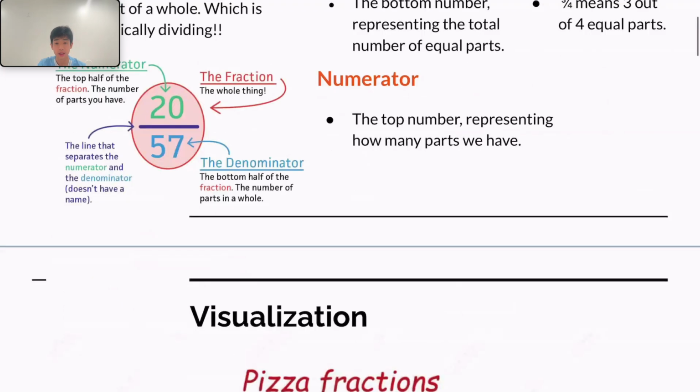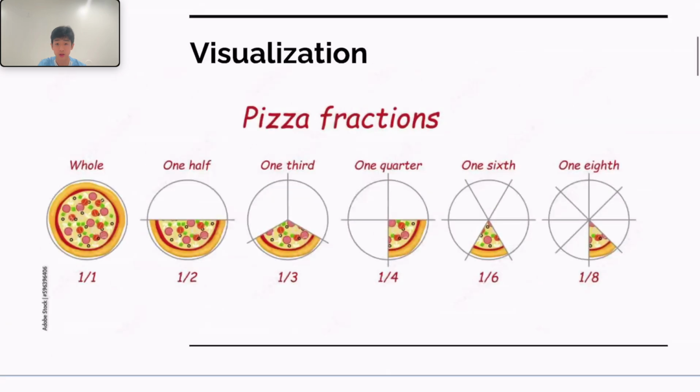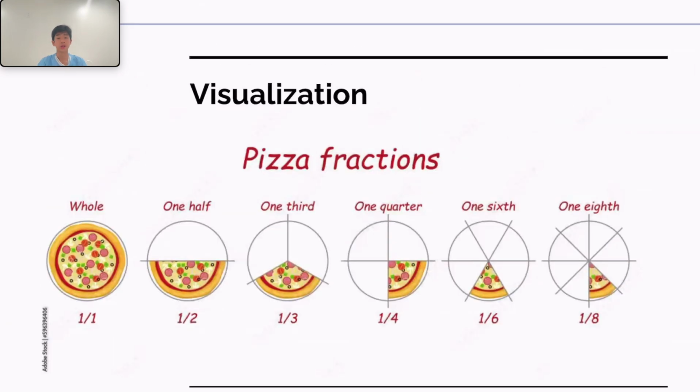Let's take a look at the visualization here. When we're talking about fractions, we usually use pizzas or pies as a visualization to help you better understand. Here, the whole is 1 out of 1. We have a total of 1 slice, and we're taking 1 slice.